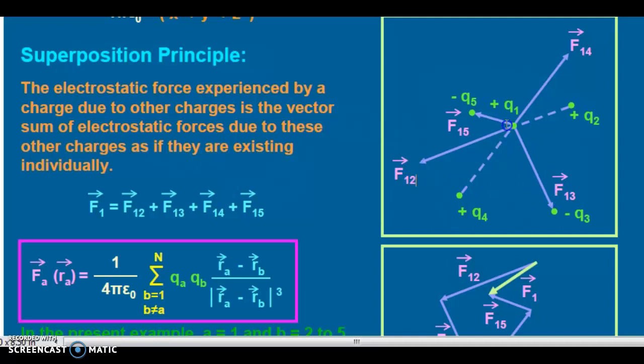Q3 and Q1 will have a force of attraction, and Q1 will then be moving towards the Q3 direction. It will have a force acting towards this line. Q4 will have a force acting away from that Q4, Q1 line, and Q5 will have a force acting in this direction.